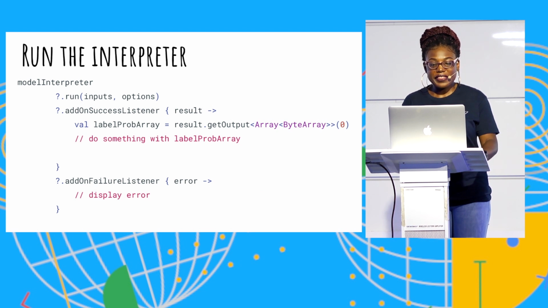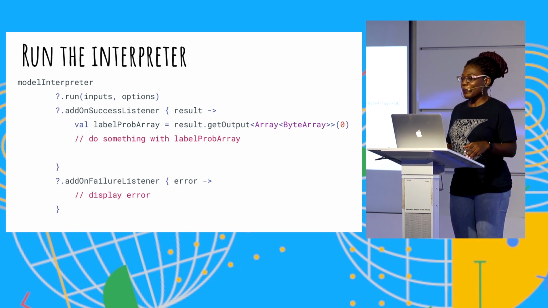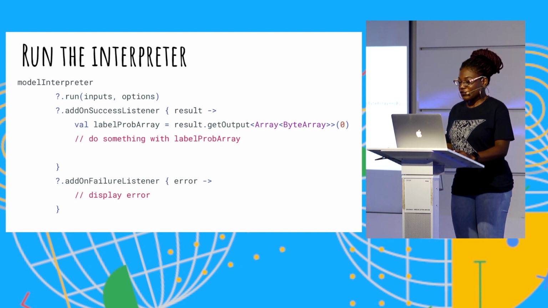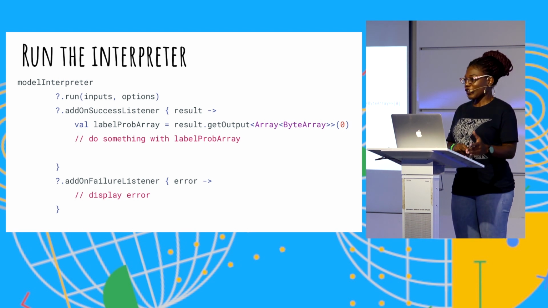Finally, we can run the interpreter after setting the input and the output format options. The results are returned through the success or failure listener, and this returns an array of probabilities as our output based on the label list we entered. This result can then be mapped to the labels we specified so that we know what probability each label has for each input.